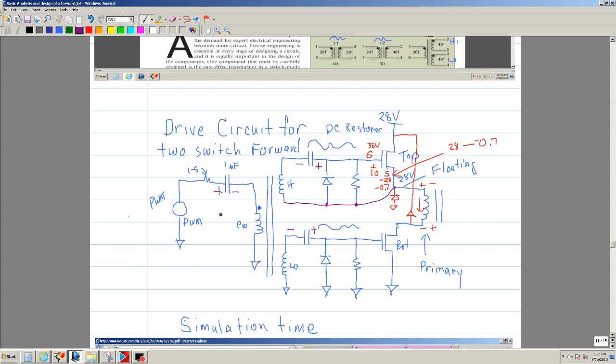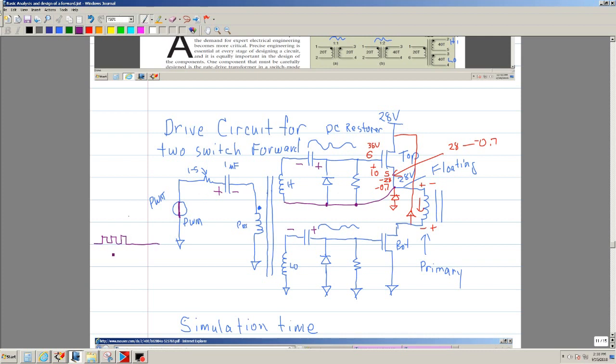When the power supply is turned off, let's say you had pulses and then you turn it off, then this is your PWM. It's going to be shorted down to ground.